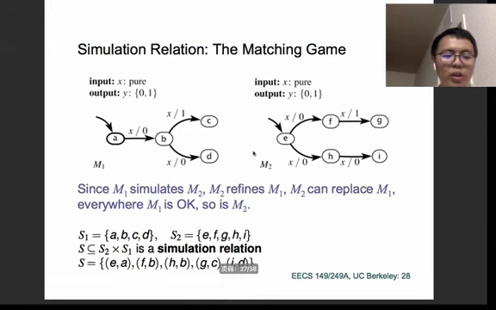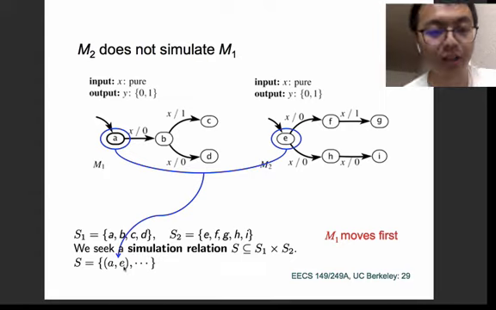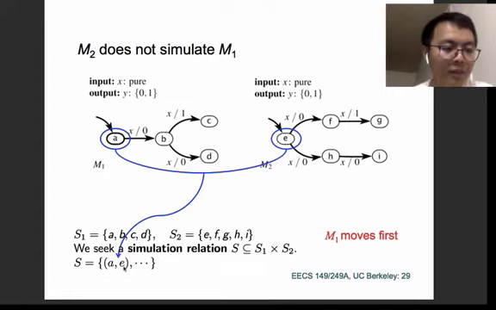So suppose we construct the reverse relation. Whether M2 simulates M1, and now we need to move M1 first, right? So we put AE first, and we check if they are matching. The first pair will work fine.